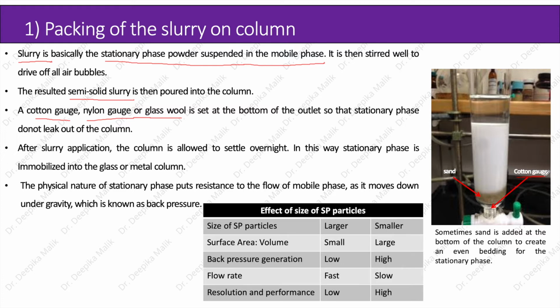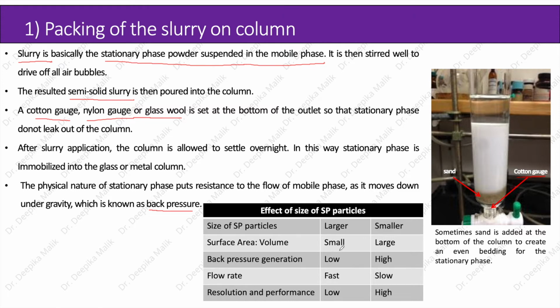The physical nature of the stationary phase puts resistance to the flow of the mobile phase as it moves down under gravity, which is known as back pressure. The table summarizes the effect of the size of stationary phase particles. If the size of the stationary phase particles is large, then the surface area to volume ratio will be small.